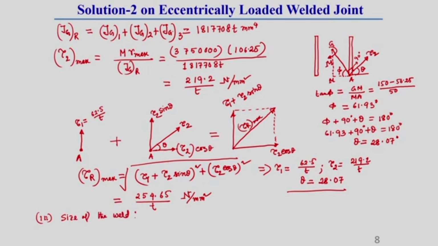Here we will use tau p, equal to the maximum resultant shear stress. Tau p is given as 55 MPa.